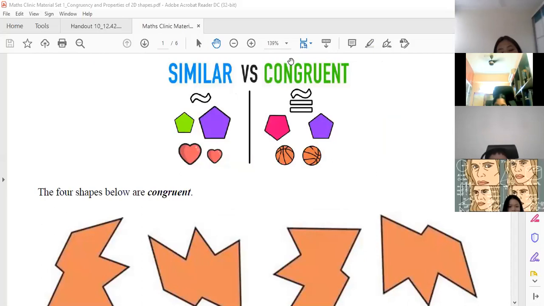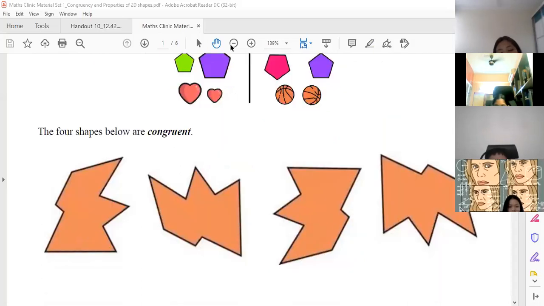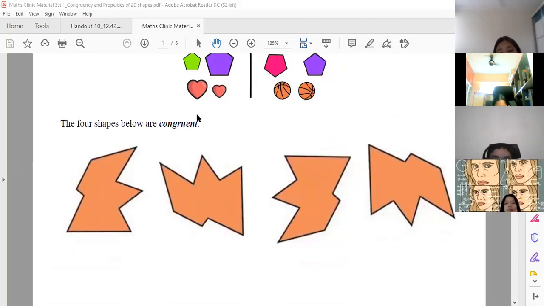These are examples of shapes which are congruent. All four shapes are congruent. They have only been rotated: rotated 90 degrees, rotated 180 degrees, clockwise, anti-clockwise. The shape has been transformed.